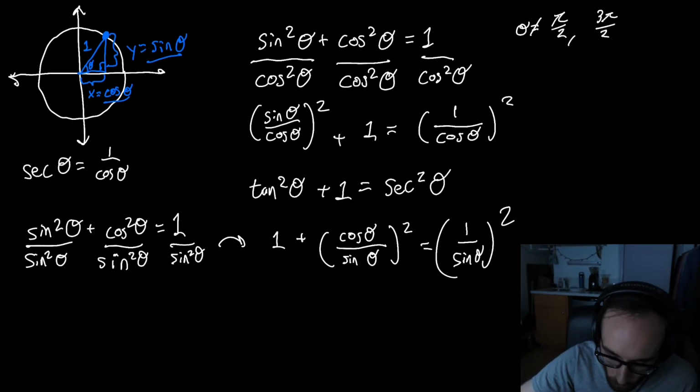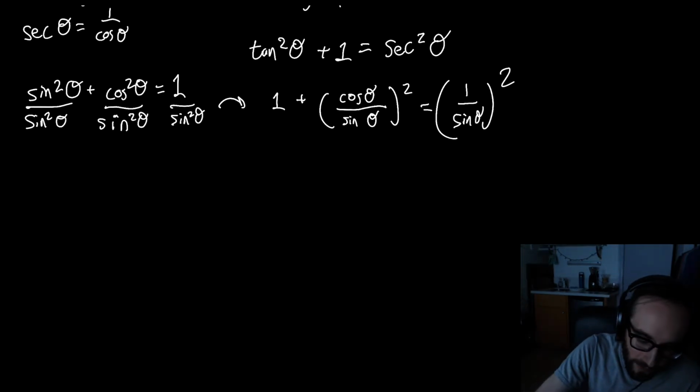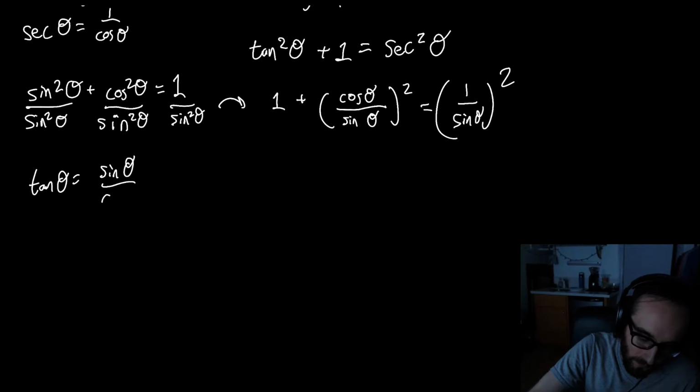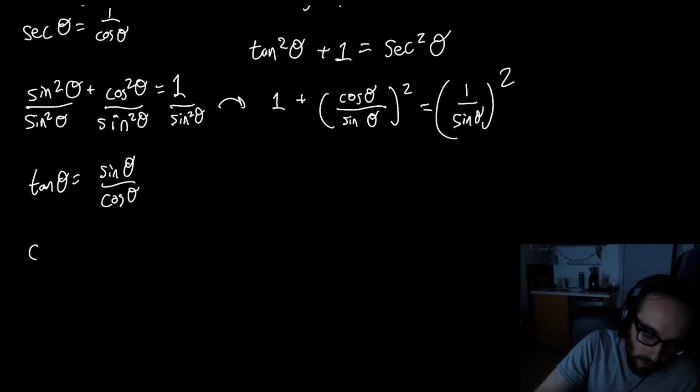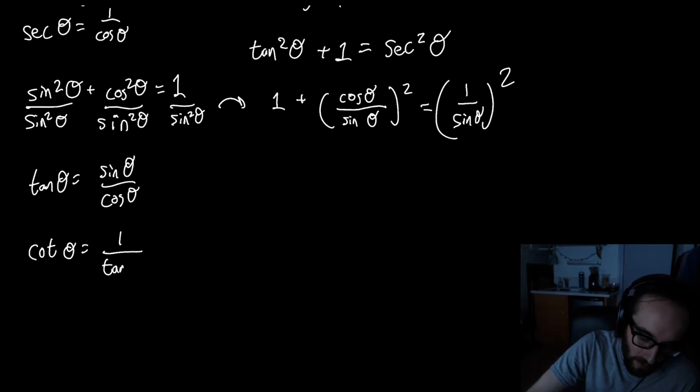And then what we have here is we know that tangent of theta is sine of theta over cosine theta. And we know that cotangent of theta is the reciprocal, 1 over tangent of theta.